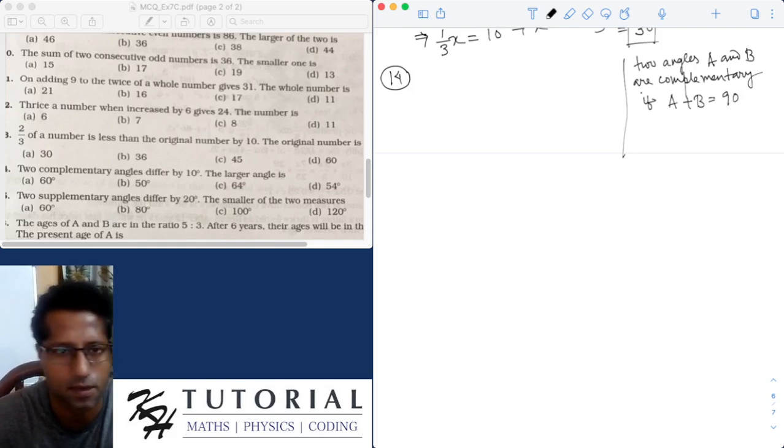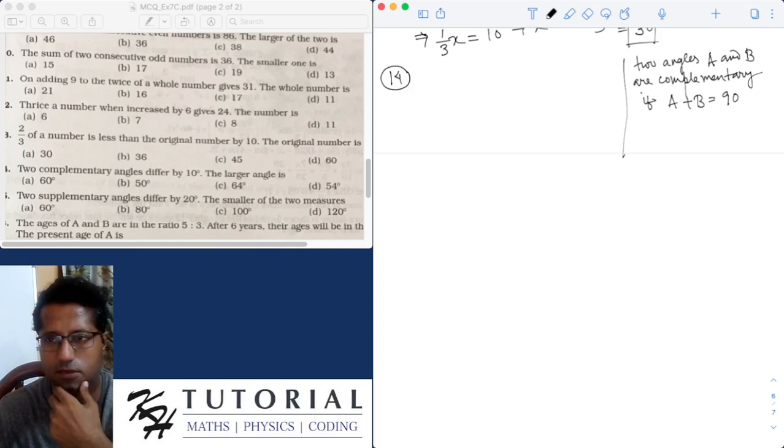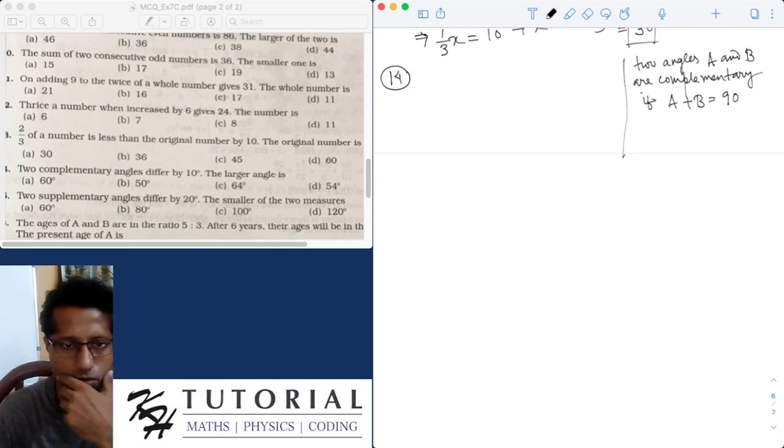Since the problem has given degrees, the sum of the two angles is 90 degrees, then they are said to be complementary. This is what I remember from my knowledge. I could be wrong. If I am wrong, then please do let me know in the comment section. I will appreciate that. Okay, so it is saying that two complementary angles differ by 10 degrees.